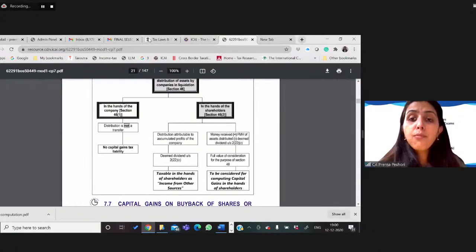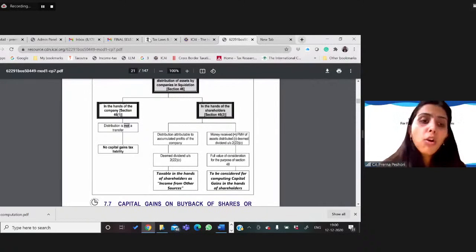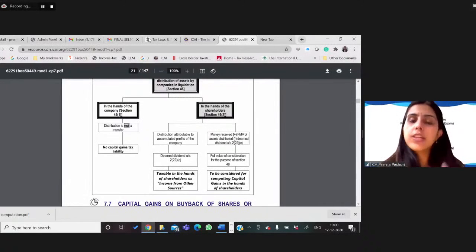Raman, for JDA, what you were exactly asking, like where you would not reduce the cost of purchase? In the last sum which we dealt, there I only asked you the question of full value of consideration. Yes, if I would ask you the question on capital gain, you would reduce the cost of purchase for sure.